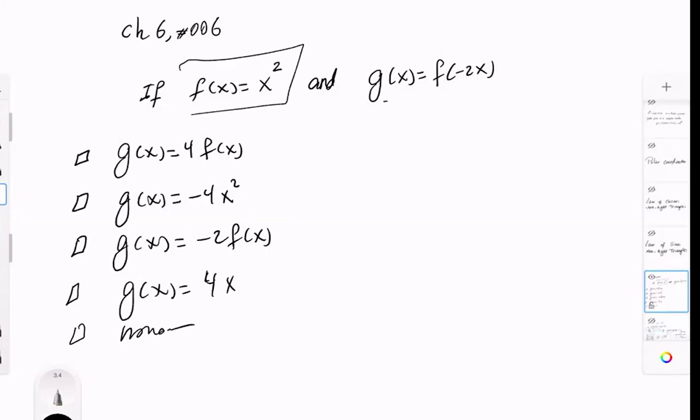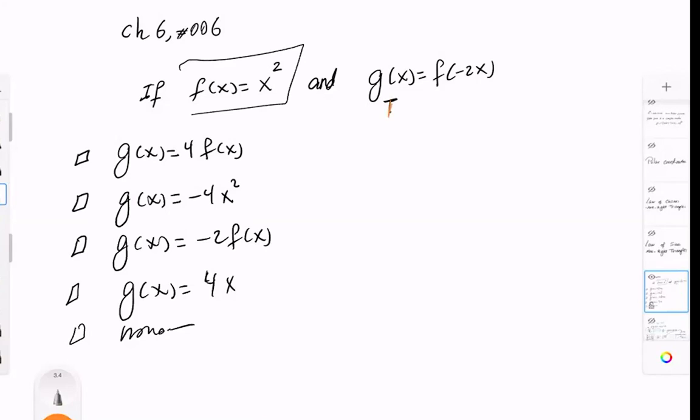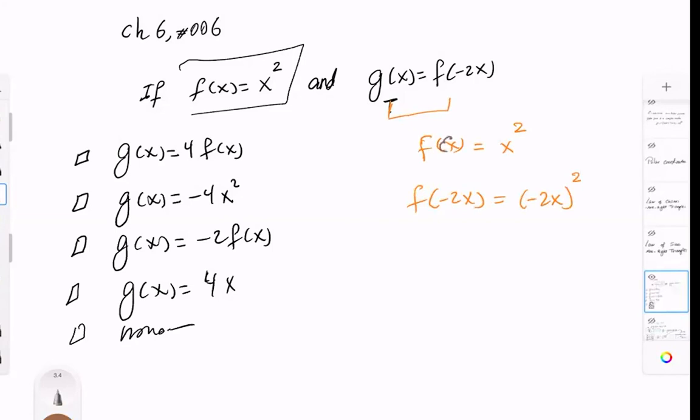So g of x equals f of negative 2x, and f of x equals x squared, so f of negative 2x will be negative 2x squared, correct? We learned that whatever I see x, I change the x to negative 2x.